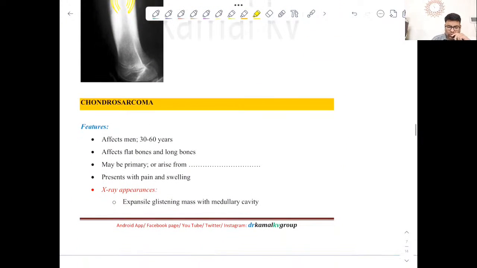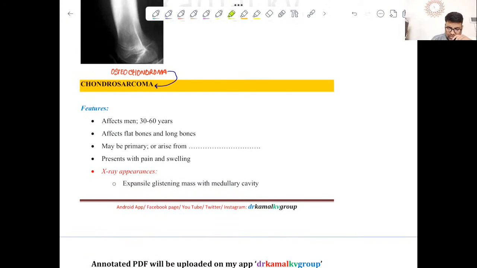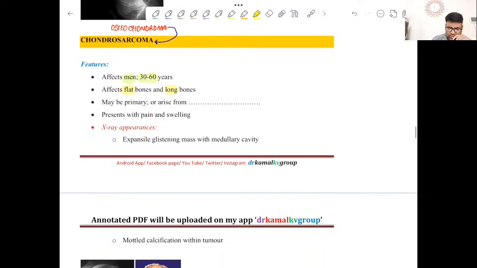Now moving to chondrosarcoma, we already discussed osteochondroma can rarely convert into a malignant counterpart, that is chondrosarcoma. It affects 30 to 60 year old males, flat bones, long bones.